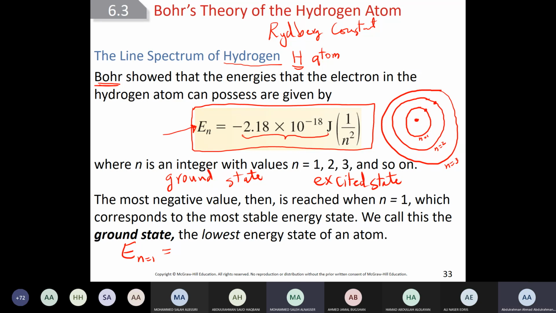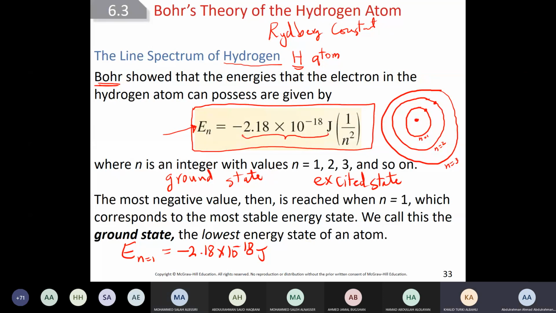What's the energy of n equal to 1? Minus 2.18 multiplied by 10 to the power minus 18 joule times 1 over 1.